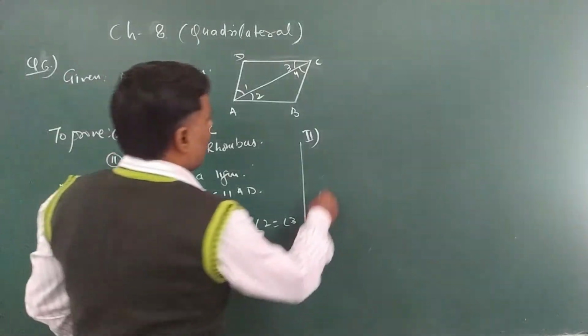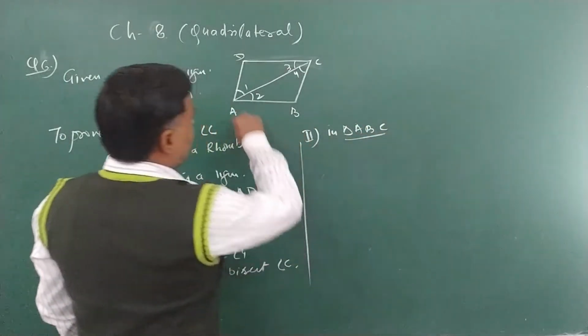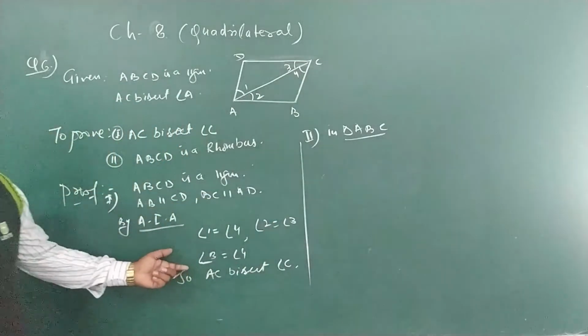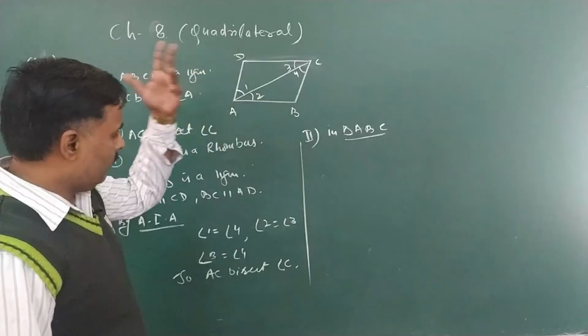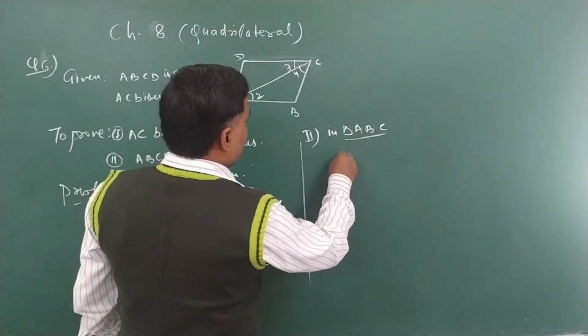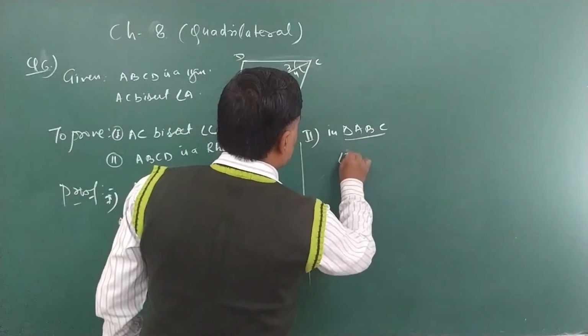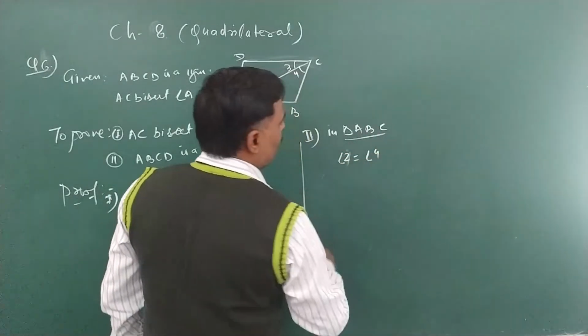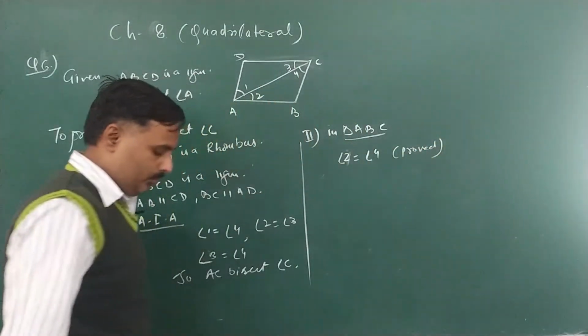So I am taking one triangle, triangle ABC. We already proved angle 1 is equal to angle 4, and 2 and 3 are equal. So angle 2 and 4 are also equal. In triangle ABC, angle 2 is equal to angle 4. It's already proved.